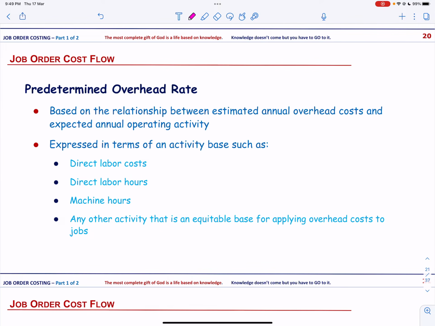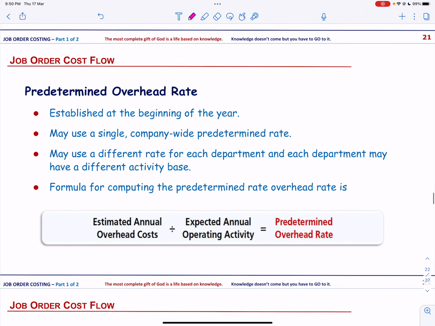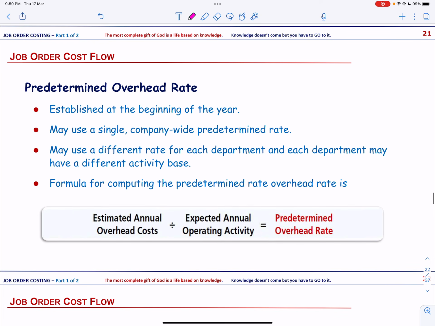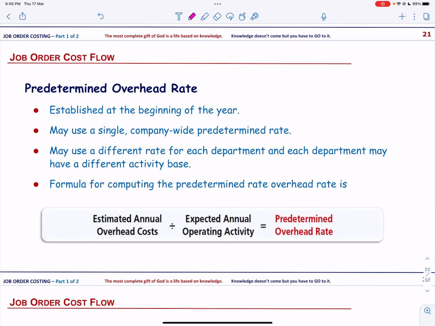The company may state the activity in terms of direct labor cost, direct labor hours, machine hours, or any other measure that will provide an equitable basis for applying overhead cost to jobs. The formula for a predetermined overhead rate is given over here, and using a predetermined overhead rate enables a cost to be determined for the job immediately.